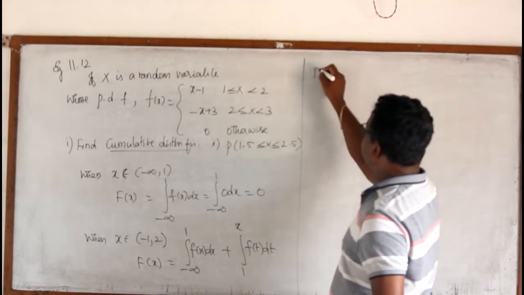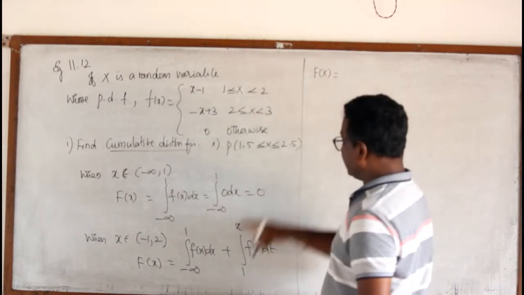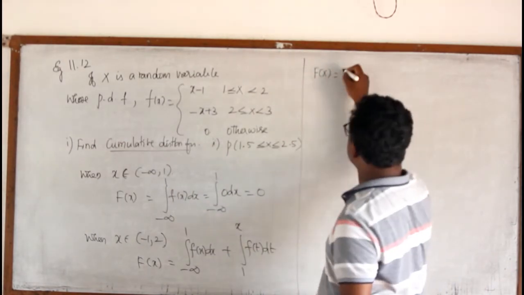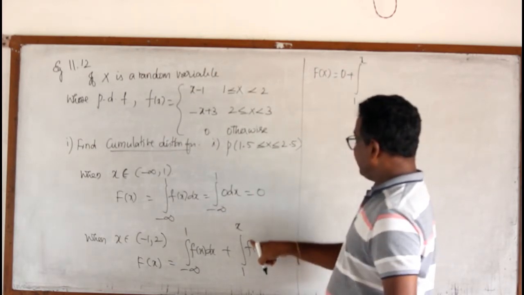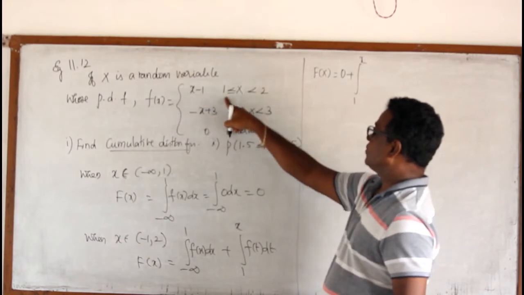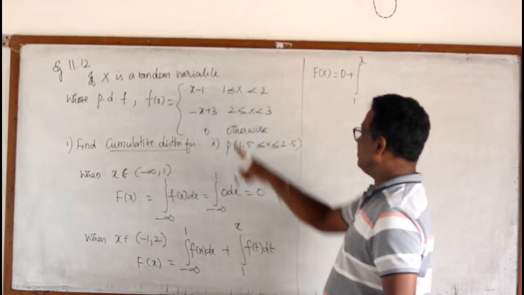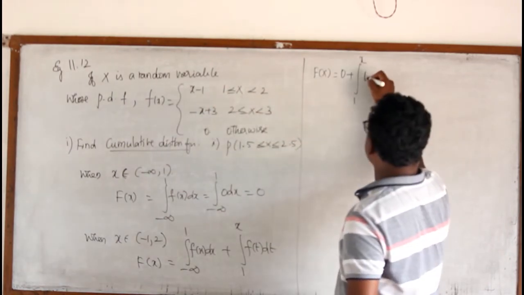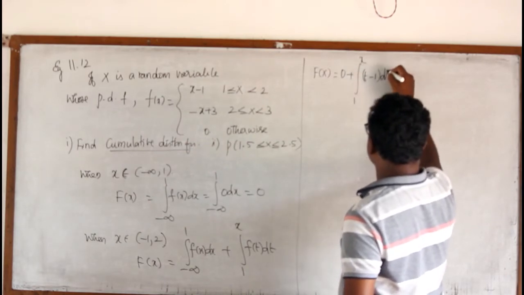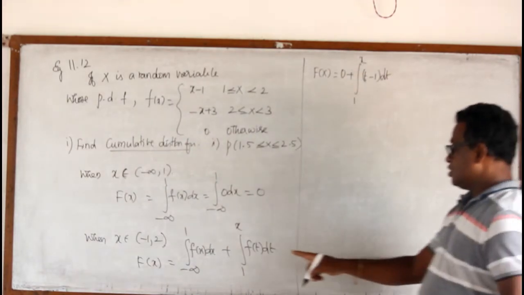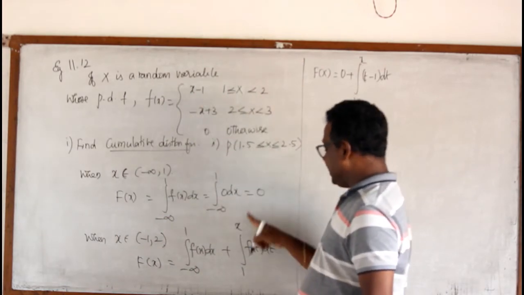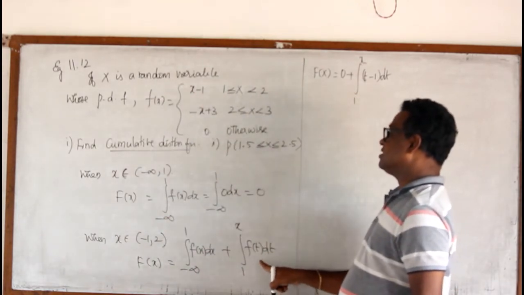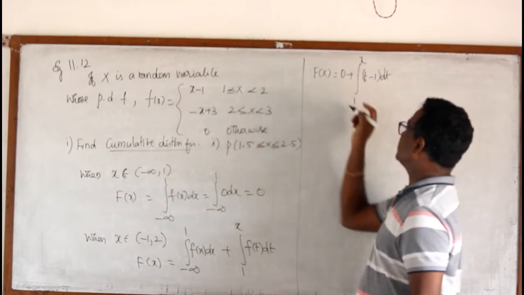Means capital F of x is, for this the function does not exist, so it is 0 plus the integral from 1 to x. F of x means x minus 1 from 1 to 2. So f of t means t minus 1, t minus 1 into dt, from 1 to 2 only. From 1 to 2 the value is x minus 1. I need the function, so I am changing all the x into t. Then it becomes t minus 1.